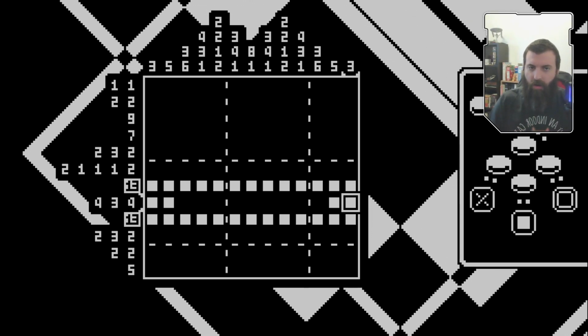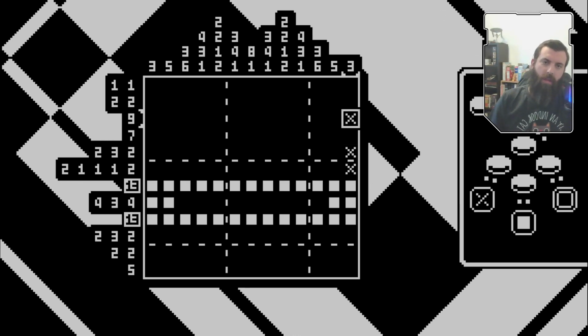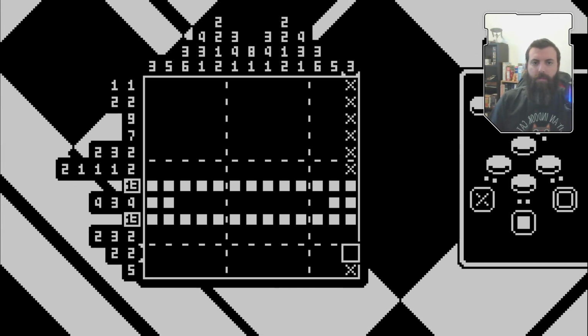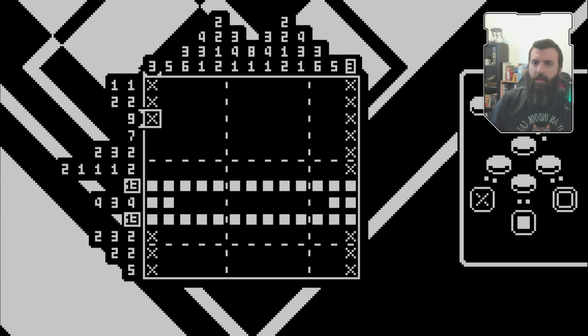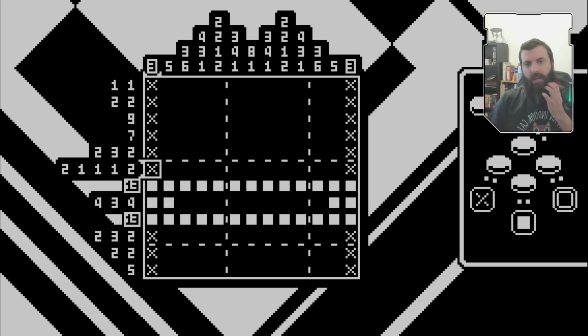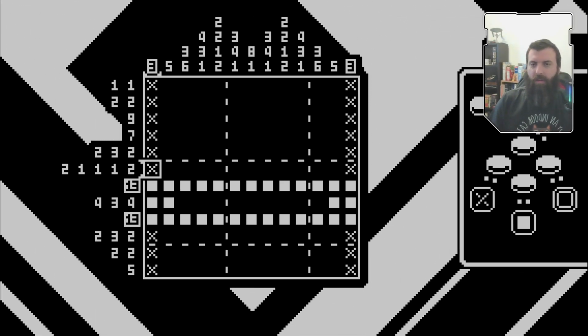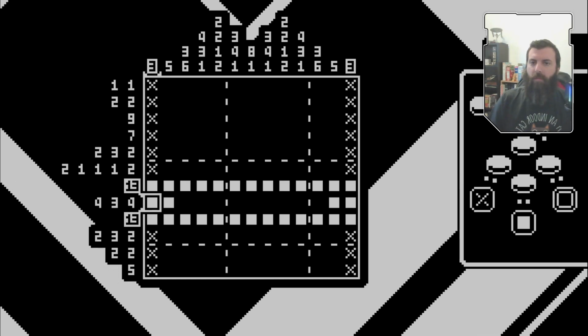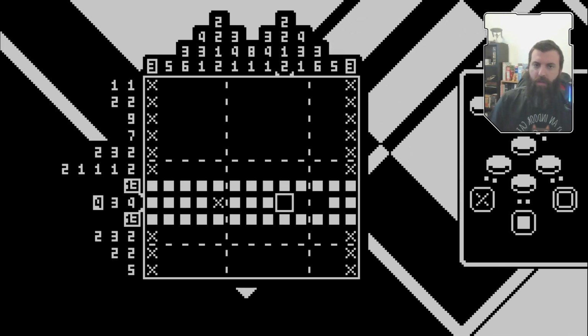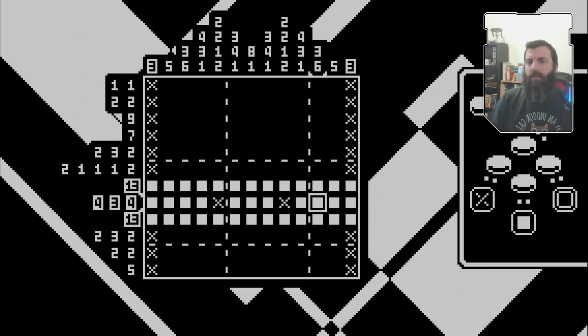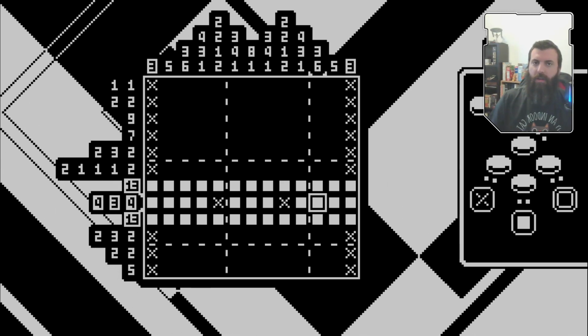Looks like this is a horizontally symmetric, or I'm sorry, vertically symmetric design. That trims that down nicely. We've also got a left edge for our 4, 3, 4. That's that row also complete.